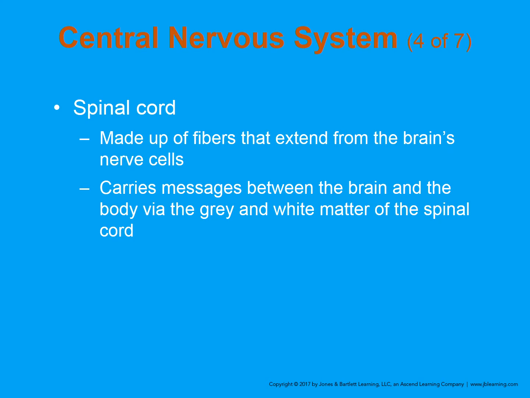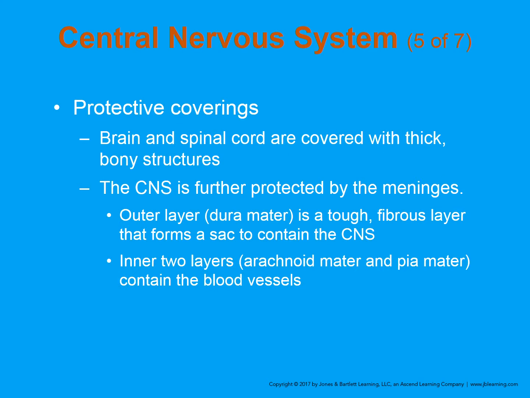Spinal cord is made up of fibers that connect the nerve cells within the brain to our peripheral nervous system. It carries messages between the brain and the spinal cord, be it the gray and white matter, and ultimately connects our central nervous system and our peripheral nervous system.